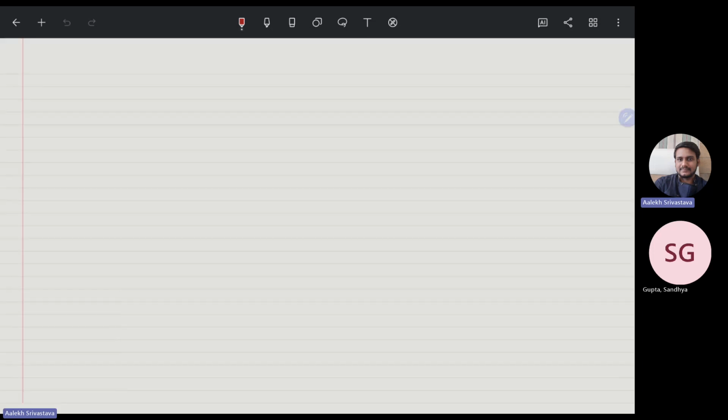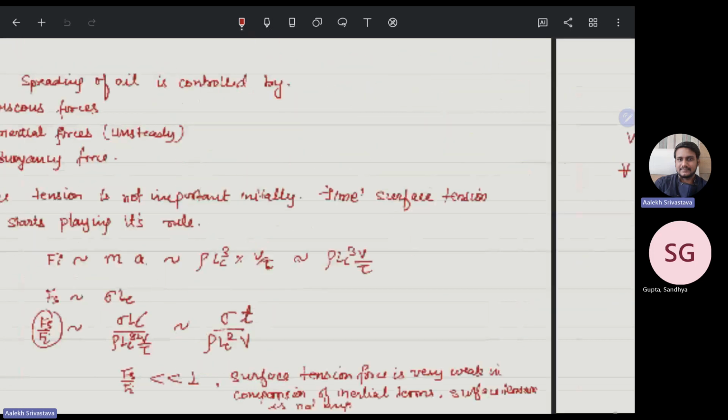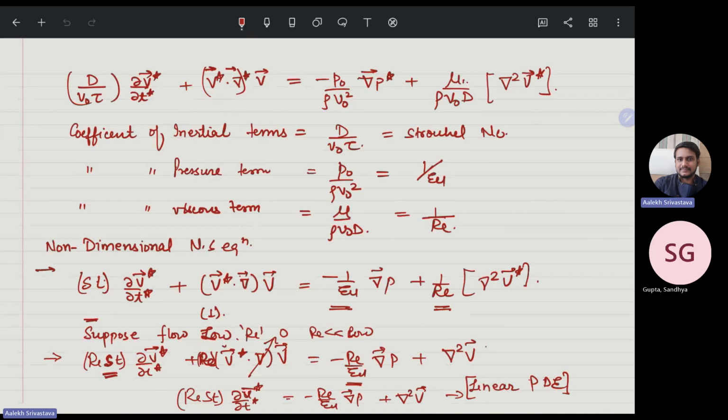Now another problem is what is called low Reynolds number flow. It is also called Stokes flow, and also called creeping flow.